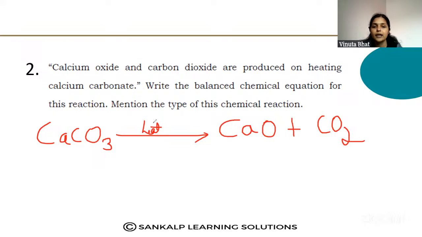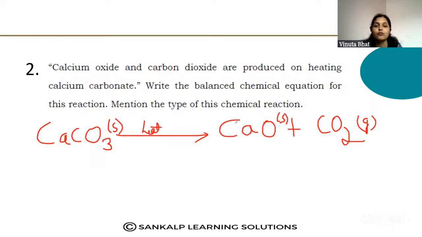So this reaction, see whether it's balanced or not. Yes, it is balanced here. Solid state. Okay. This is the balanced chemical reaction of calcium carbonate. When it is heated, it forms calcium oxide and carbon dioxide.